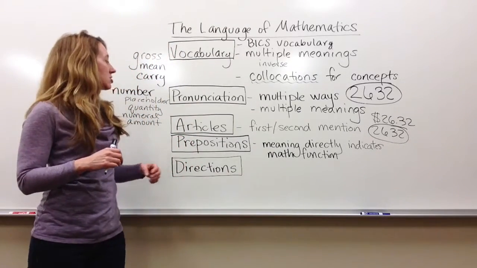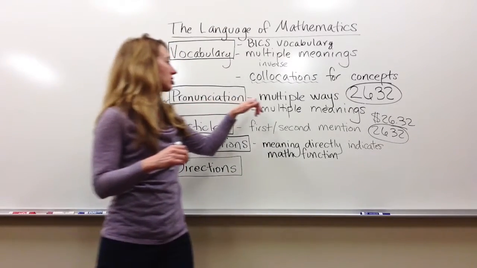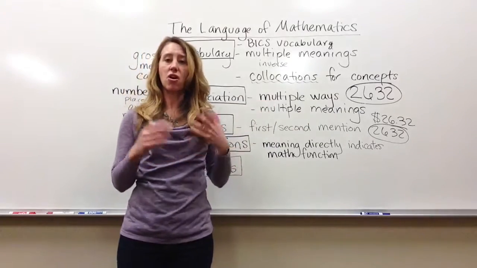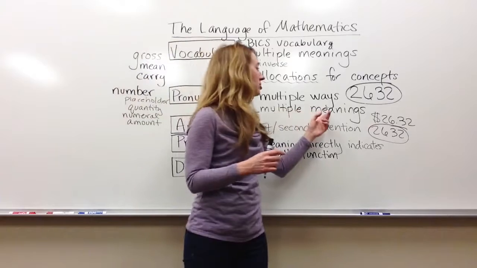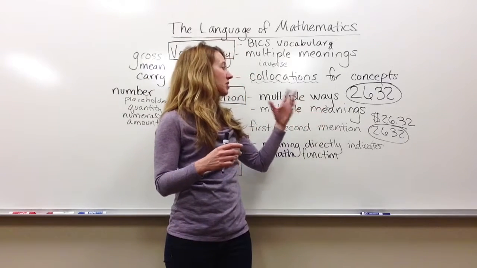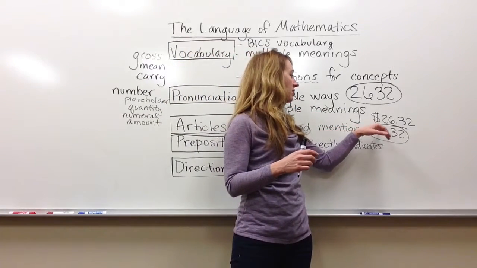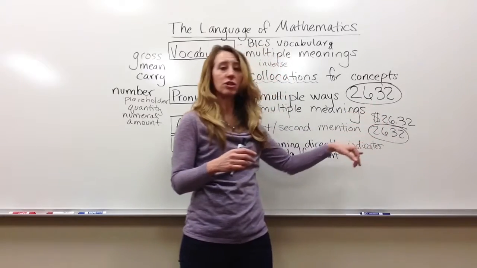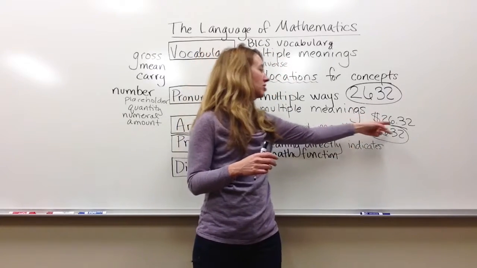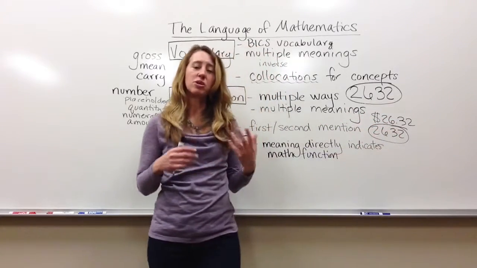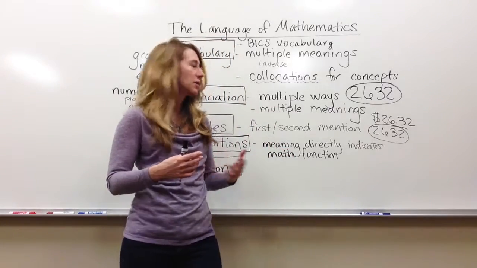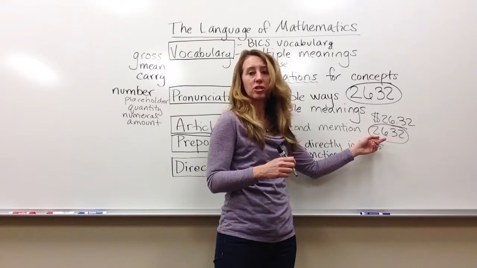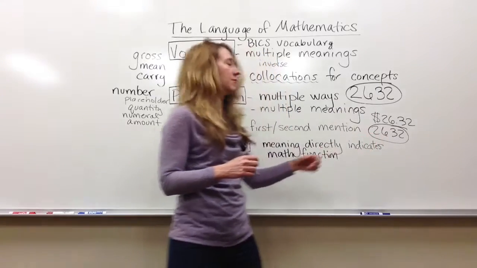Okay. So we've talked about pronunciation. We've talked about that there are multiple ways of saying the same things. We've talked about that because there are multiple ways of saying the same thing, it can lead to confusion. Including, for example, does 2632 refer to the way that most of us refer to money, or does it refer to actually a 4-digit number?